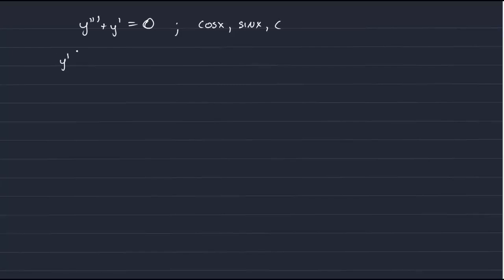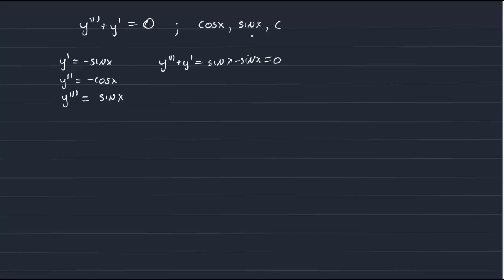So we can see that if we're working with cosine x, y prime is equal to minus sine x, y double prime is equal to minus cosine x, and y triple prime is equal to sine x, so that when we add y triple prime to y prime, we get sine x minus sine x, and that's equal to 0.